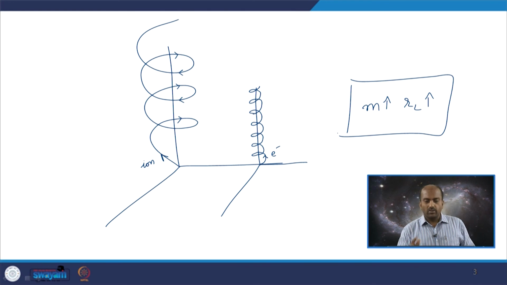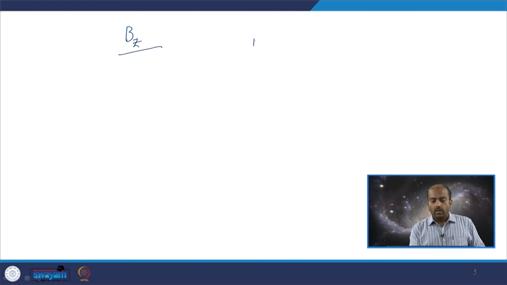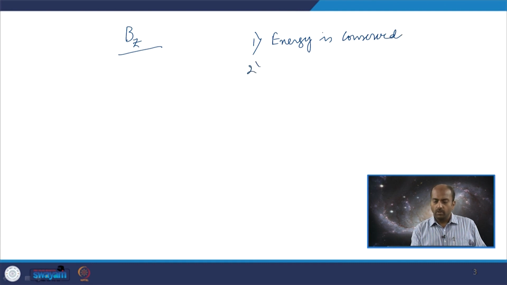Now, what have we understood? We have understood that if the particle is experiencing a homogeneous static magnetic field, then number 1, the energy is conserved. Number 2, no work is done by the field, work is 0.